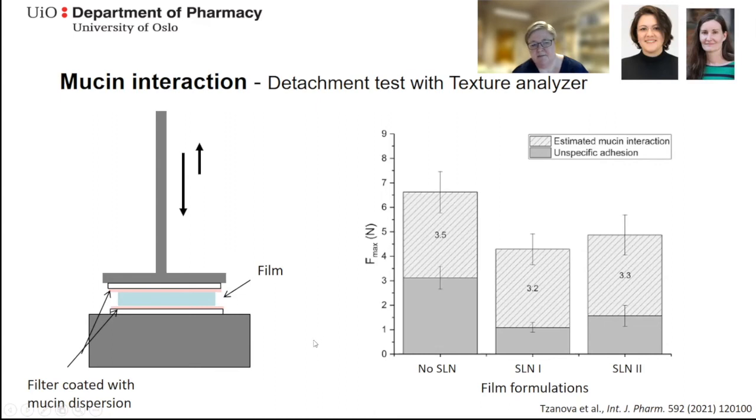But when we tested films towards mucin dispersion and towards the unspecific adhesion, that is the same test towards buffer, we can calculate the estimated mucin interaction.